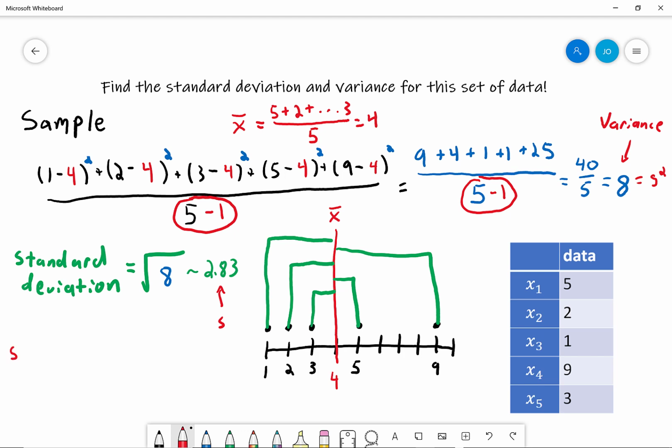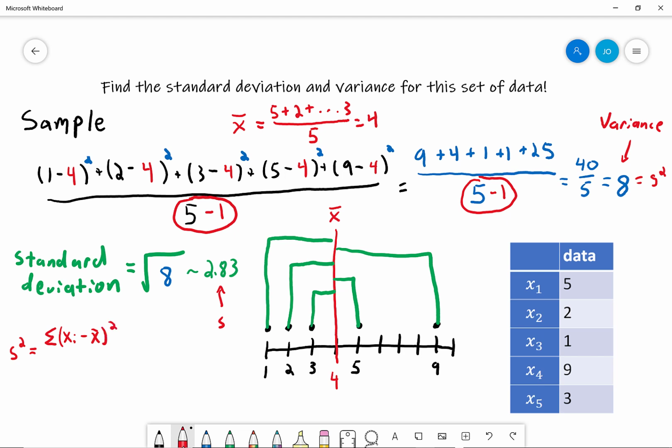So if I was to write the standard deviation formula and variance formula for a sample, it's very similar, except now we sum up all of our observations. There's no square root here, right? We're finding the variance. We're summing up all of our observations, but this time we're subtracting the mean of our sample.